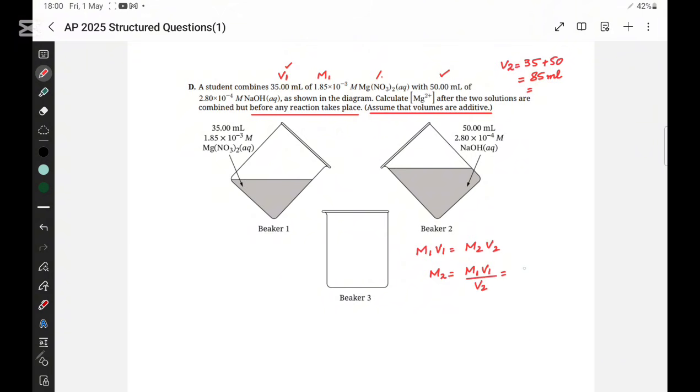M1 is 1.85 times 10 to the power minus 3, and V1 is 35. At the bottom is V2, which is 85, and the answer comes out to be 7.62 times 10 to the power minus 4 molar.